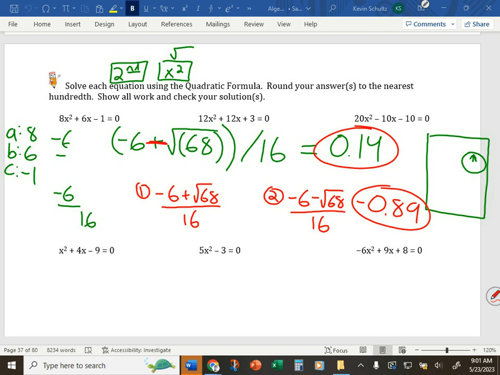You can still go back up, yes. Sam, did you get it figured out? Negative 0.89.